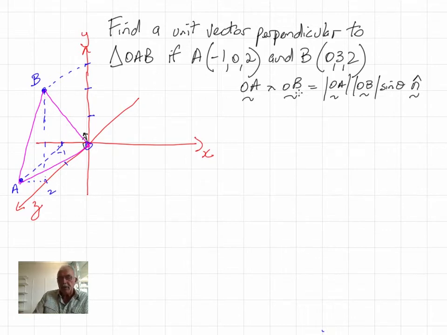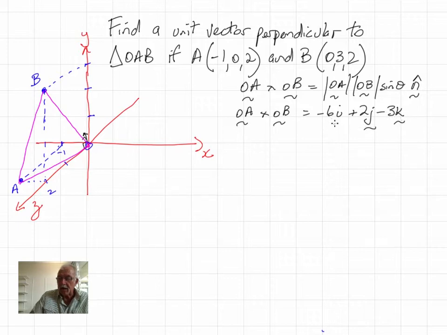So what we've got to do is firstly calculate the cross product. We did that in the previous video, so I'm not going to do that again. I think we got something like -6i plus 2j minus 3k.